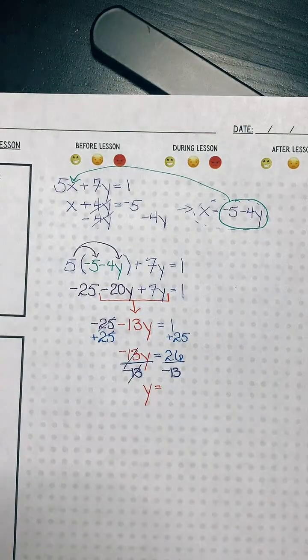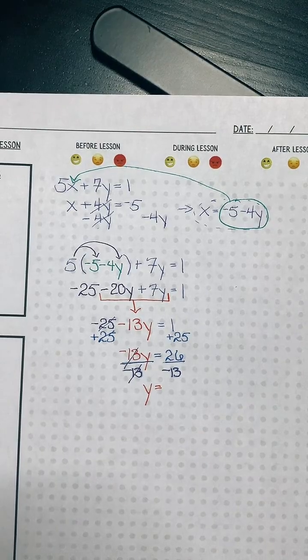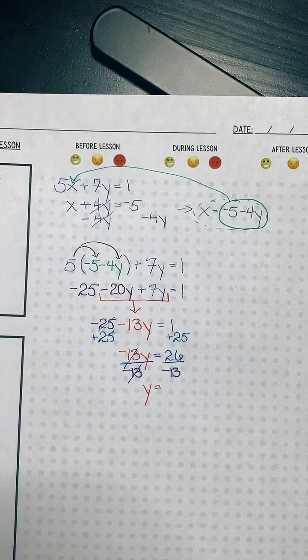And y equals, what we got? 26 divided by negative 13. Hey, Pam. 26 divided by negative 13. What would we get?